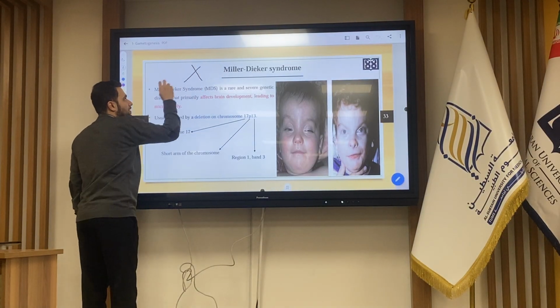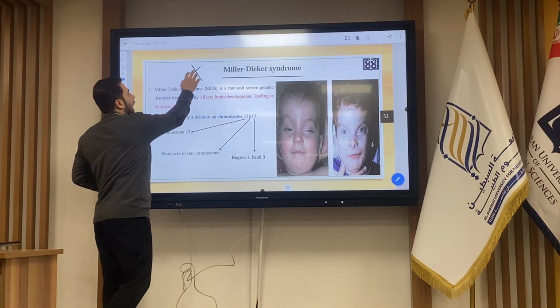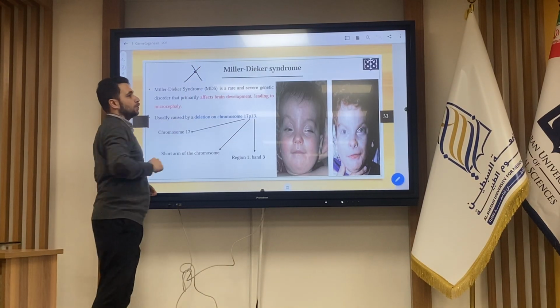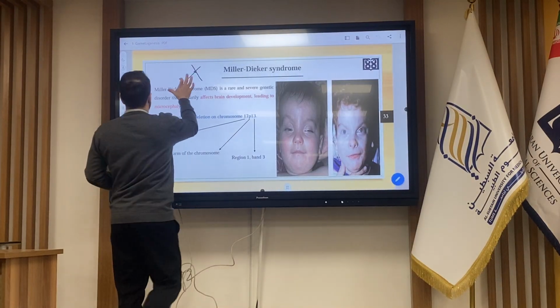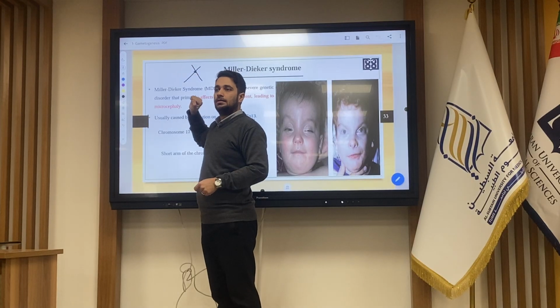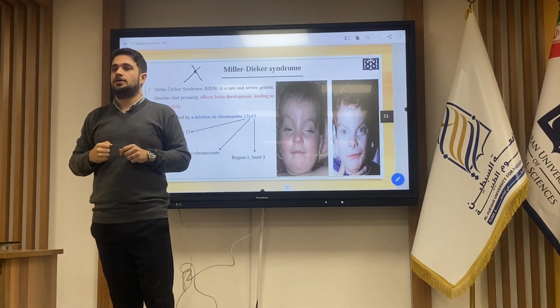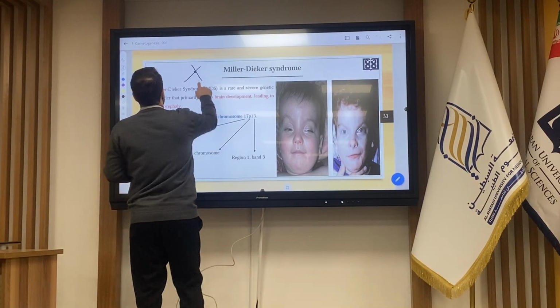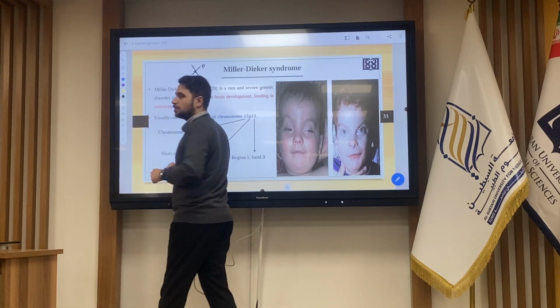Each chromosome is something like this, okay? They are attached at this part, and I told you we have two sister chromatids. One part is big, another part is small, okay? We call it the small arm and the large arm. This one is P, and this one is Q.